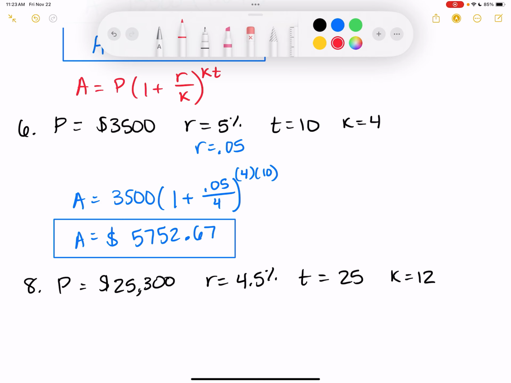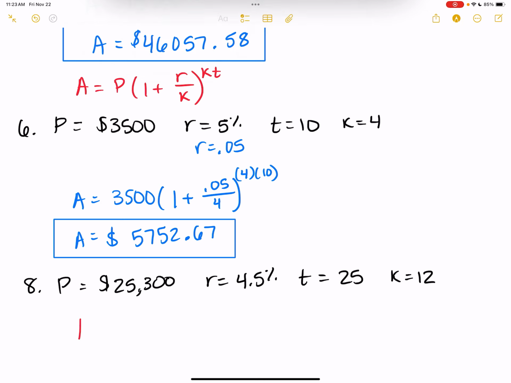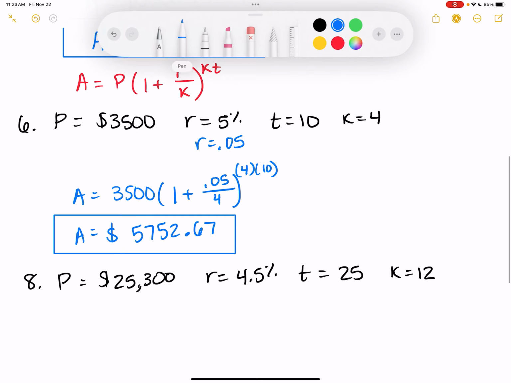So A equals 25,300 times 1 plus 0.045 over 12 raised to the 12 times 25.